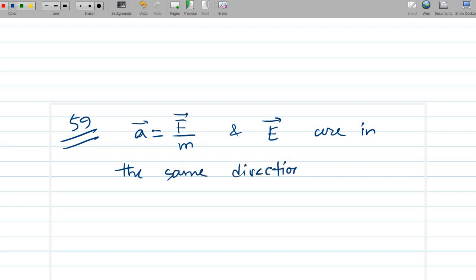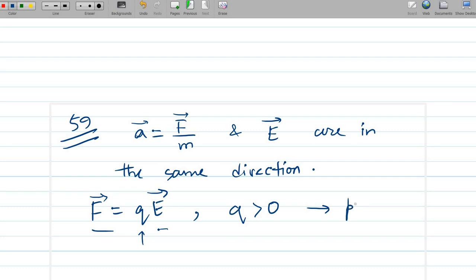They would be in the opposite direction only if the charge is negative, right? Because F is equal to Q times E. So as you notice, if Q is positive, then E and F are in the same direction, which is the case we have just noticed. So therefore Q has to be greater than 0, so that means the charge is a proton.